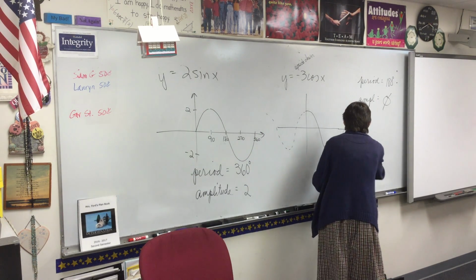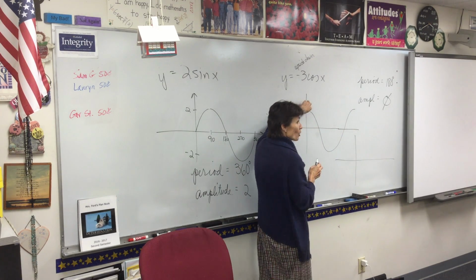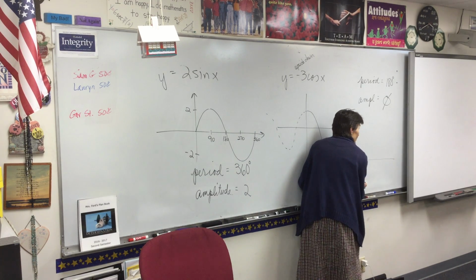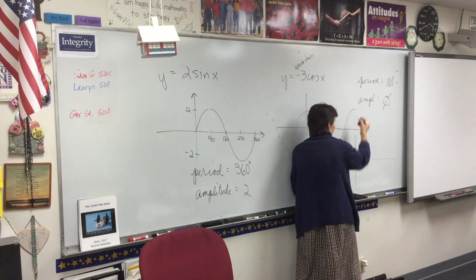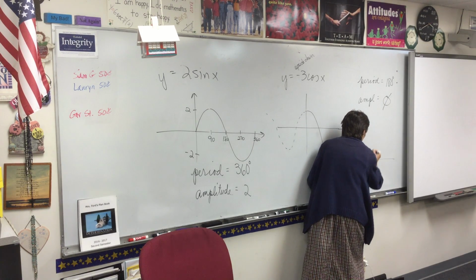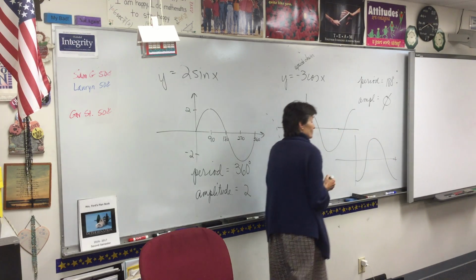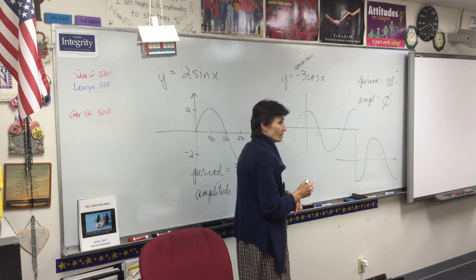If I'm going to go upside down, then instead of starting up here, I'm going to start down here, right? And instead of coming down and making a valley, I'm going to come up and make a hill.